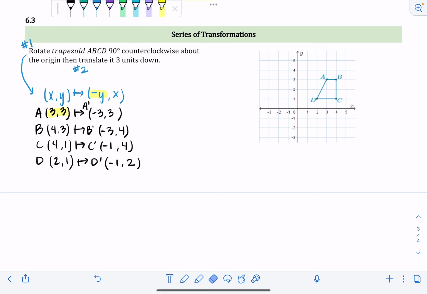I'm going to go ahead and add them to my graph. So for A', it was (negative 3, 3) up here. And then for B', it's (negative 3, 4) up here.